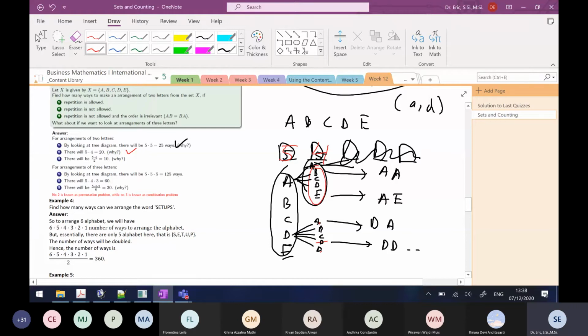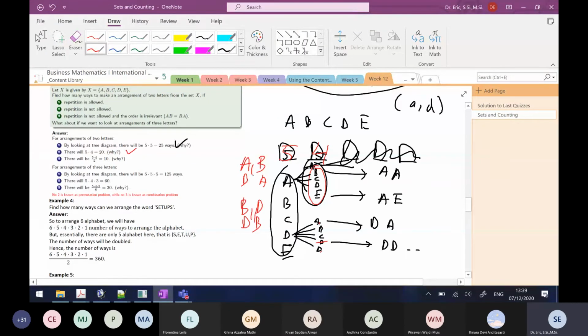Okay, what about if repetition is not allowed and the order is irrelevant? So AB is the same as BA. Don't forget, your counting here at number 2 is counted double. Why? Because you always have AB and BA. For every combination, BD, you have DB.